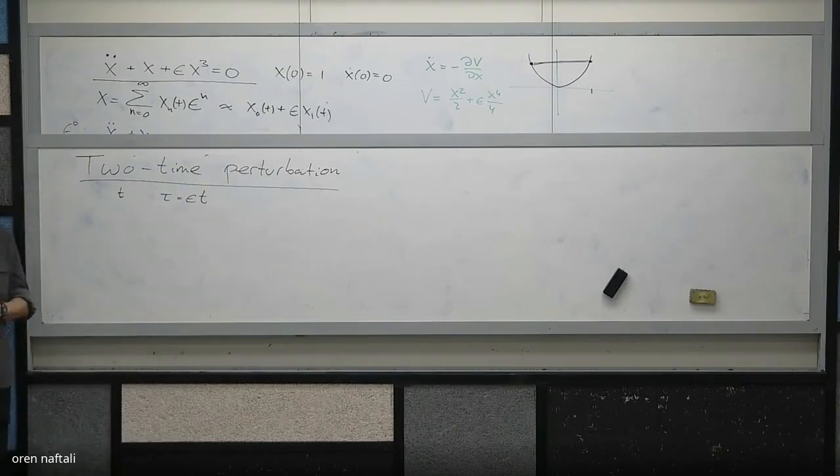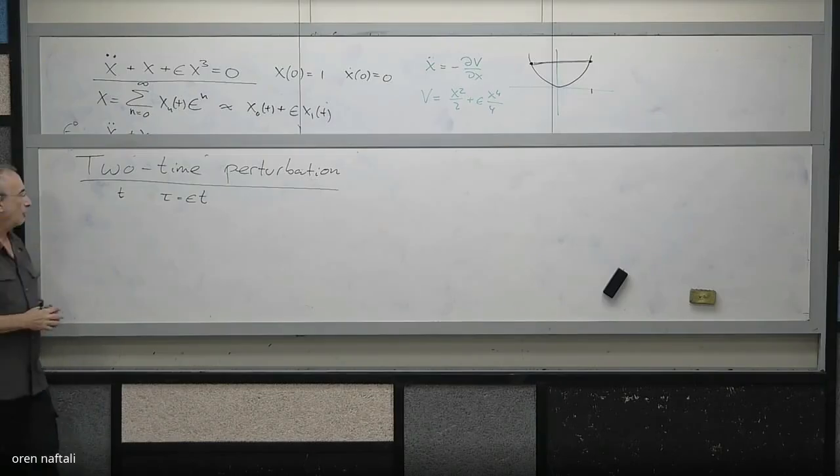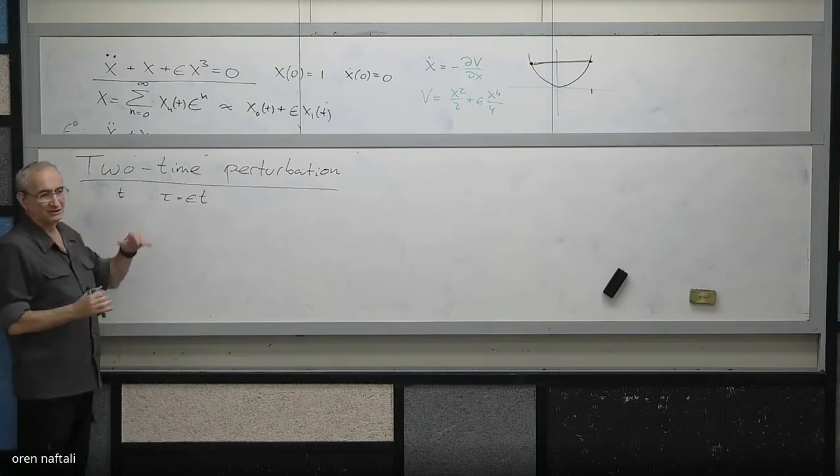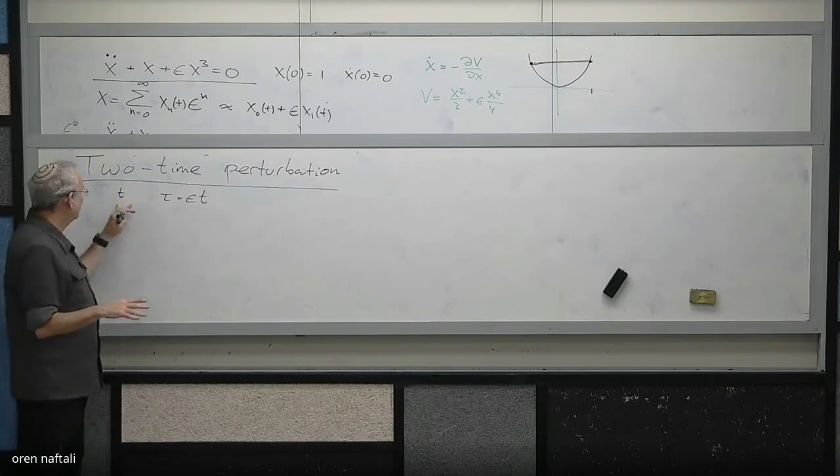Now, t and epsilon t are not two independent parameters, right? Epsilon is fixed. But from now on, until further notice, we will regard them as if they are two independent parameters. So from now on, we have two time variables, t and tau.